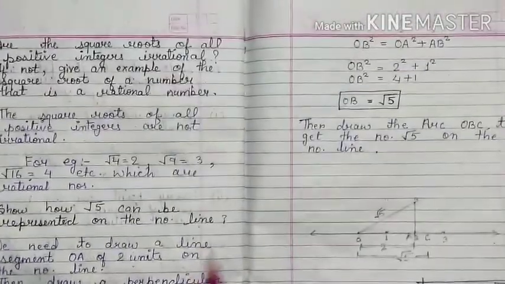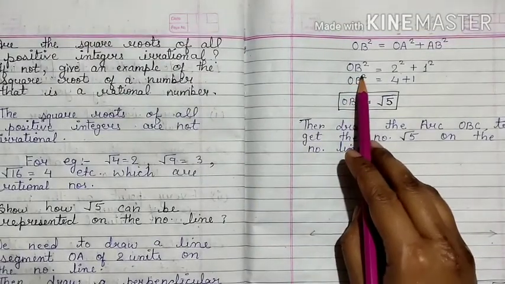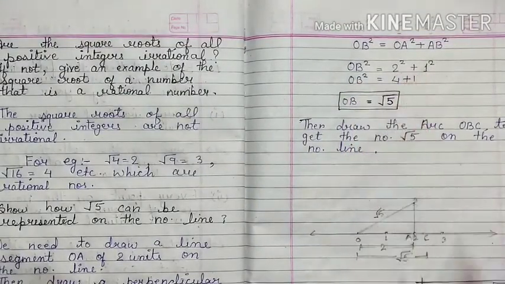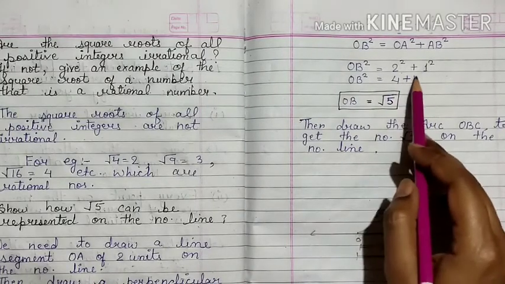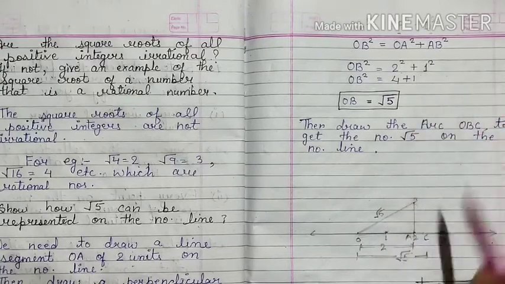So OB square equals, we have taken OA as 2 units and AB as 1 unit.